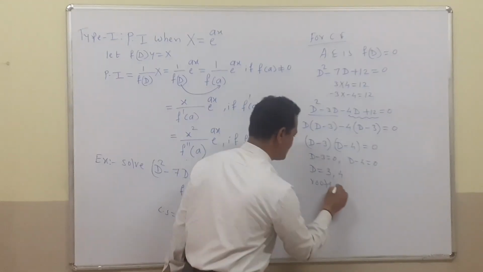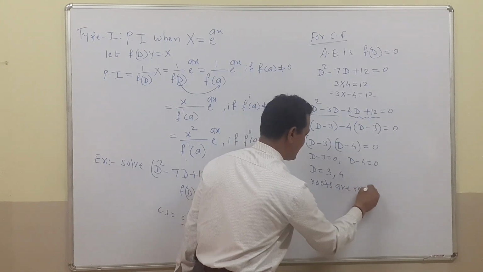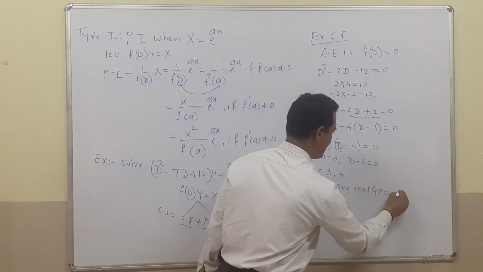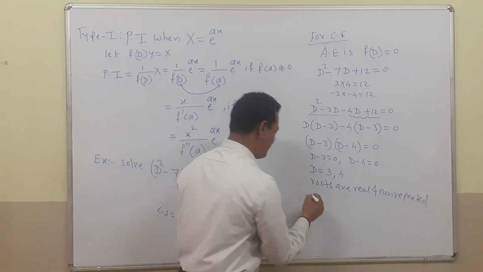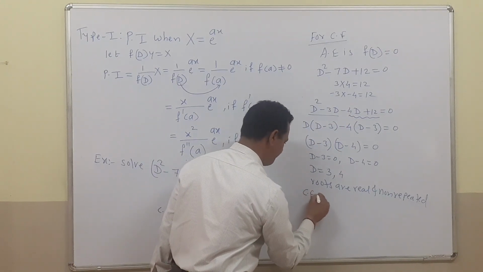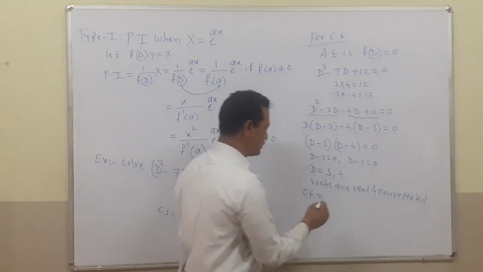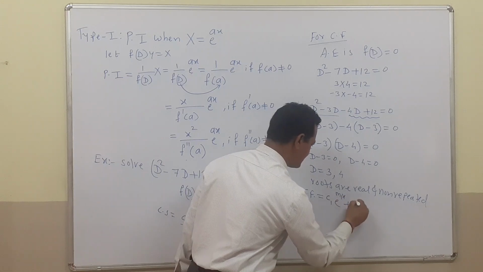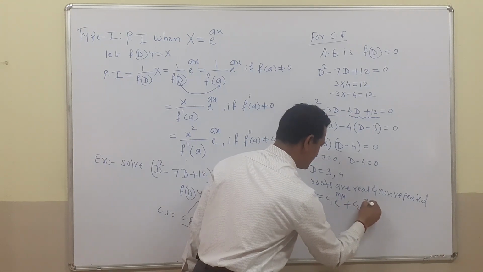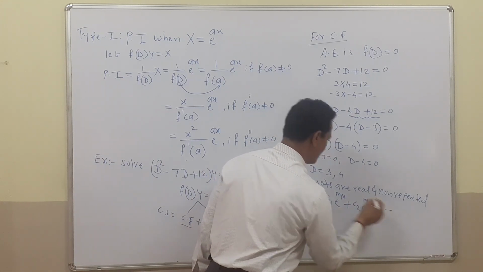So roots are real and non-repeated. If roots are real and non-repeated, then we know the complementary function is c1 e raised to m1x plus c2 e raised to m2x and so on.